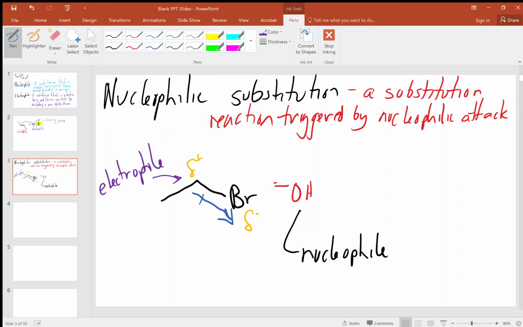So one thing that could happen here is that the hydroxide, our nucleophile, attacks the carbon that's partial positive, which is the electrophile, and then kicks out the bromine, which we would call our leaving group.